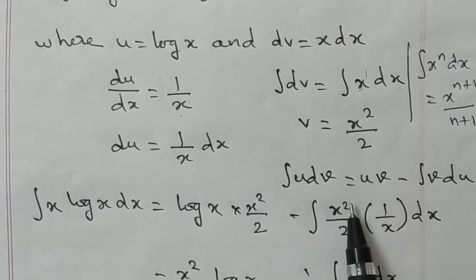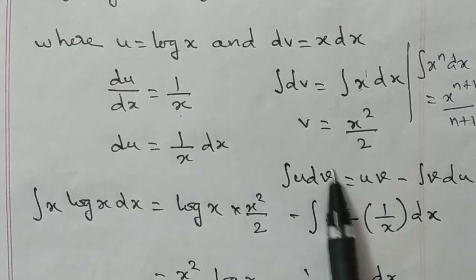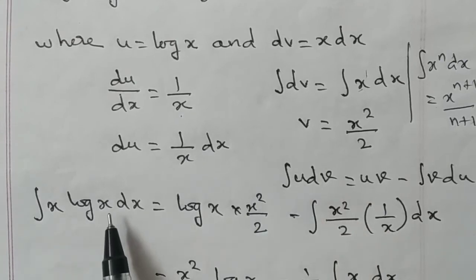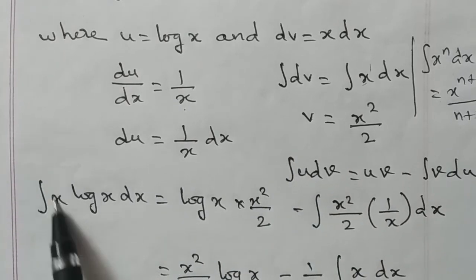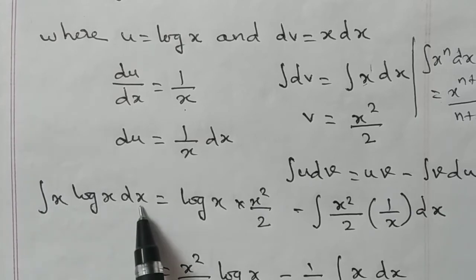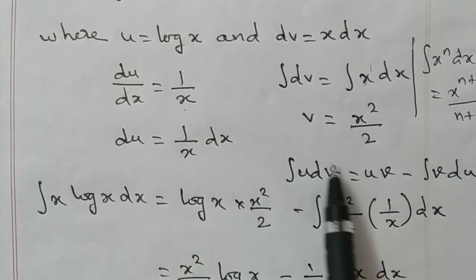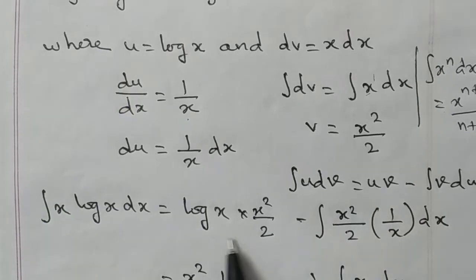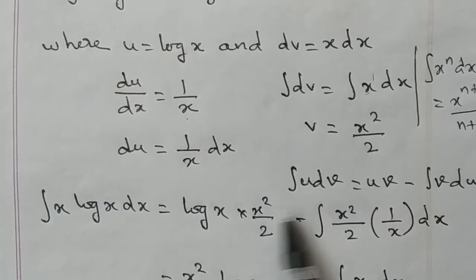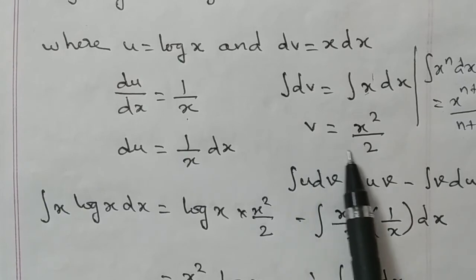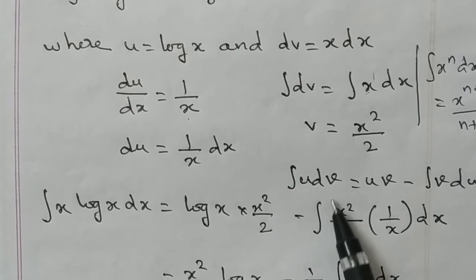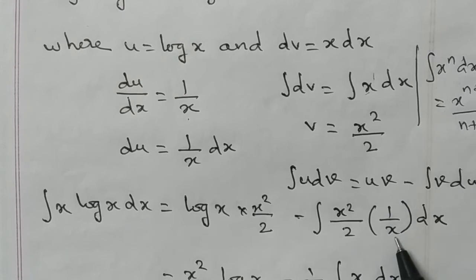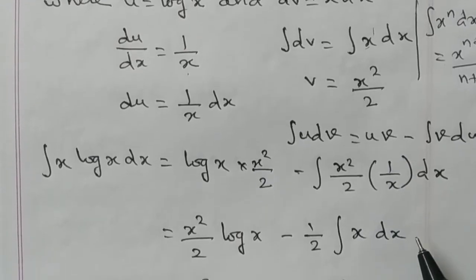For the question, integral of x into log x into dx equals u, which is log x, and v, which is x square by 2, minus the integral of v, x square by 2, and du, 1 by x into dx.